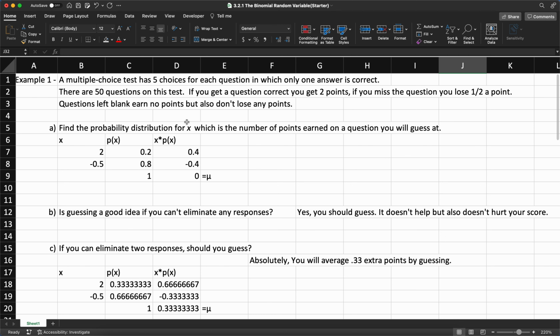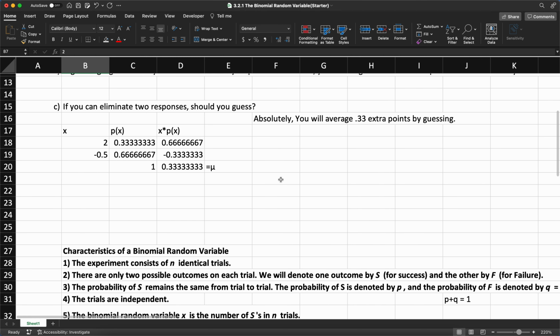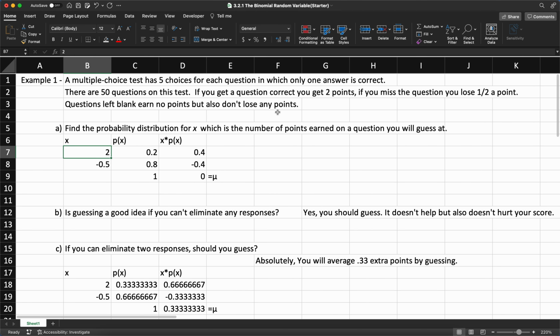But the way it's defined here, X is the number of points earned. And since we have multiple values that the points could be earned, plus the fact that there aren't n identical trials, we're just calculating for one guess, one problem that we're guessing at.